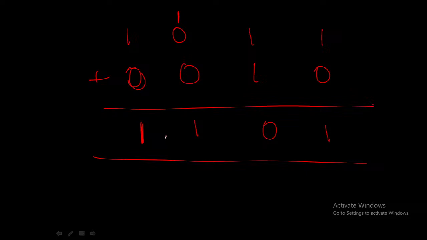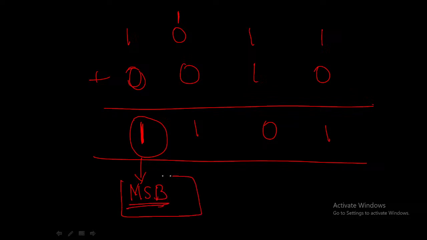But in this final answer, you can observe we are getting MSB as 1. So if in the final answer the MSB is 1, then it indicates it is a negative number and it is in 1's complement form.